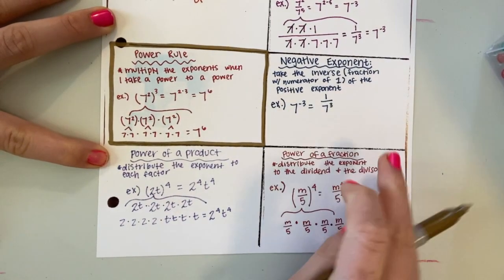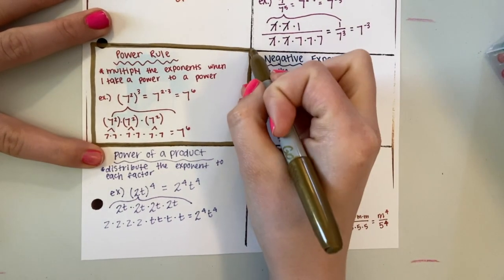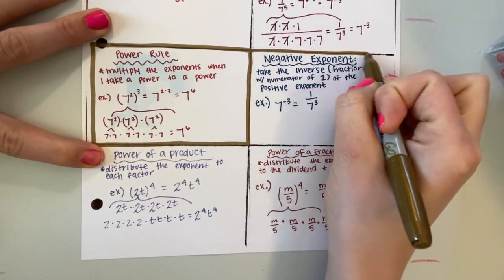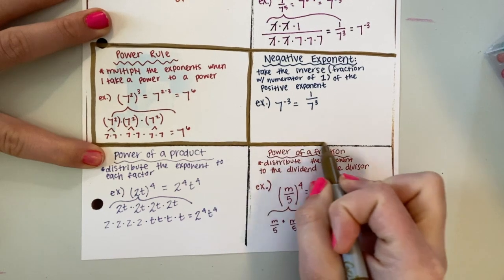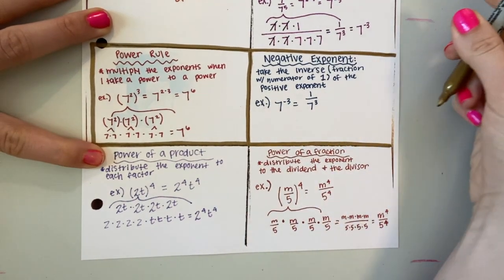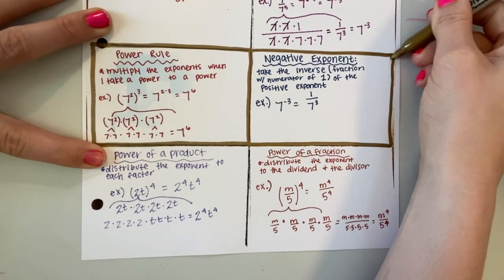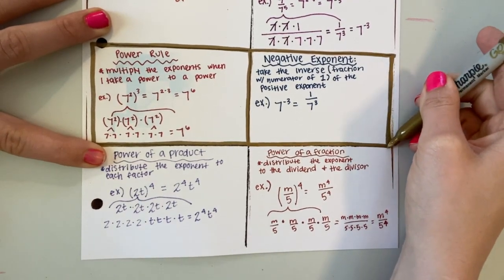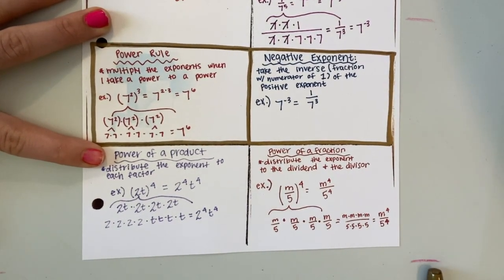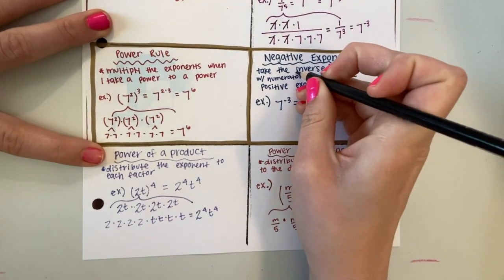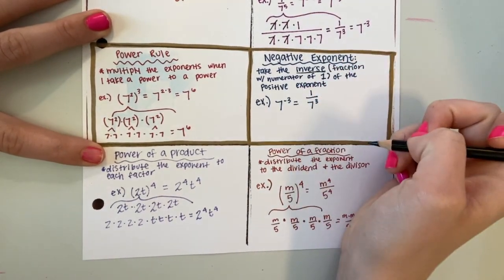If I have a negative exponent, I need to flip the fraction. This is probably the trickiest one because when we see a negative number, we want to think that it's just a negative number, but it's not. It means to take the inverse.